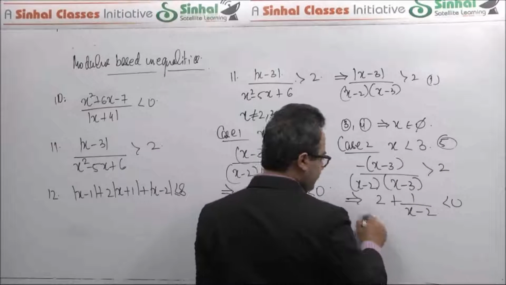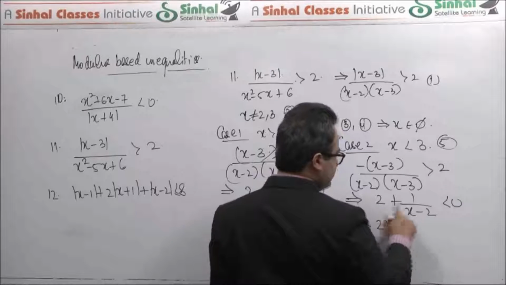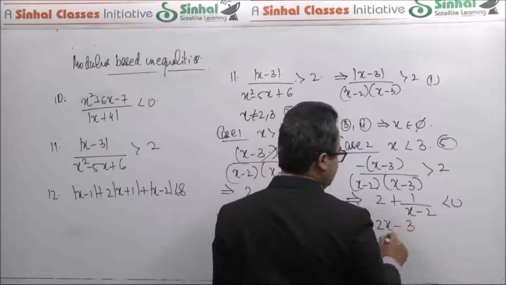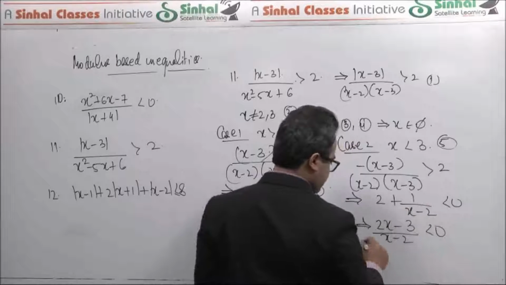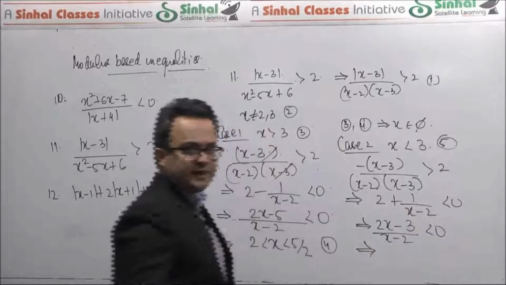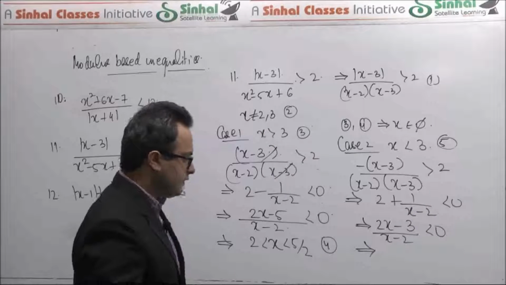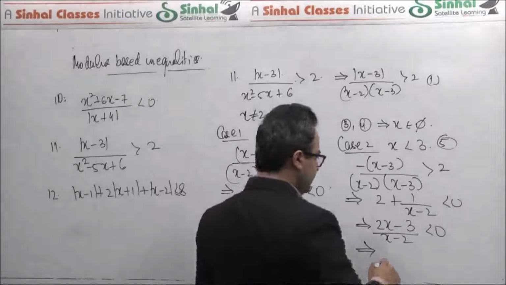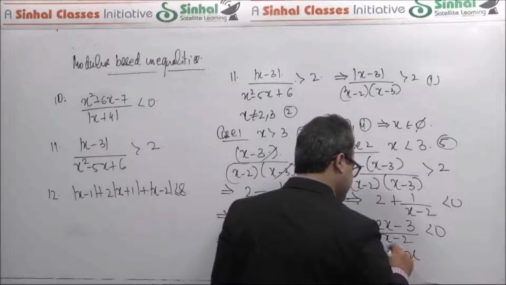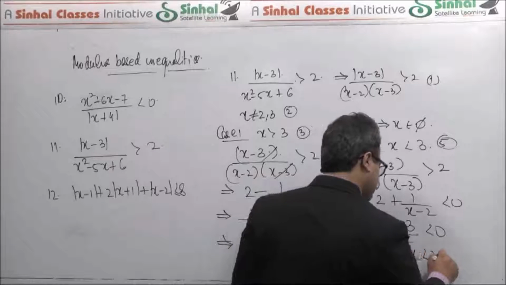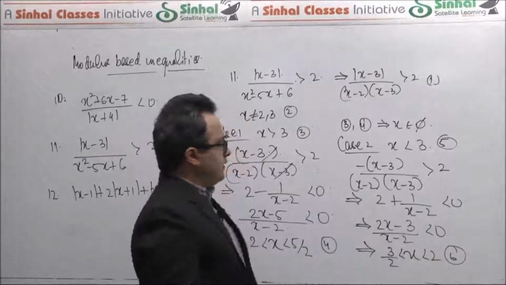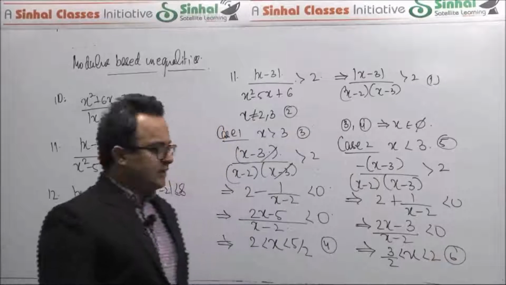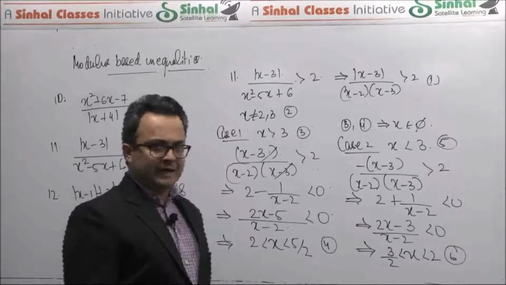If I simplify, I'll get 2x minus 4 plus 1, so minus 3. Right, I get 2x minus 3 upon x minus 2 is negative, which again by the wavy curve method gives me that the values of x can be between 3 by 2 and 2.